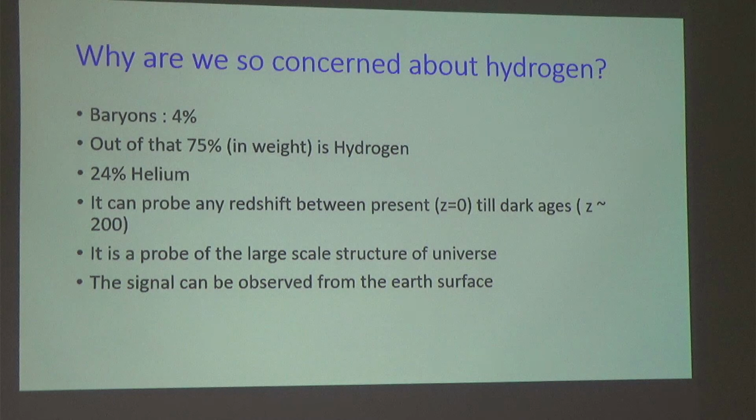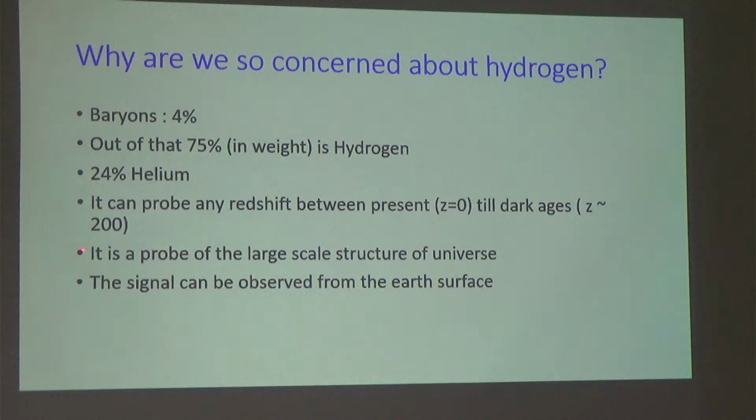So if we tune our observing frequency, we can observe any redshift between Z equal to 0 to Z equal to 200. I'm writing 200 because beyond that the signal is not observable, right? So you can probe each and every step of our universe's evolution. That's a great advantage.